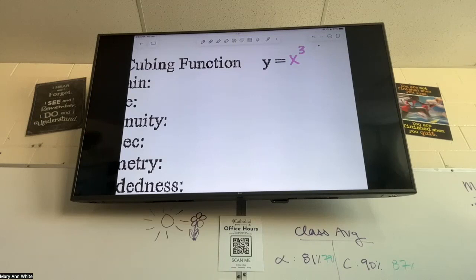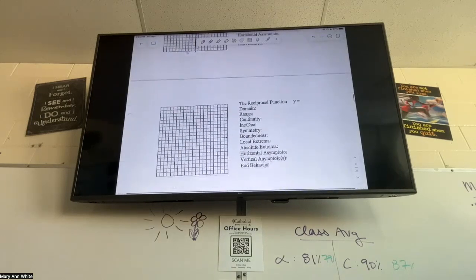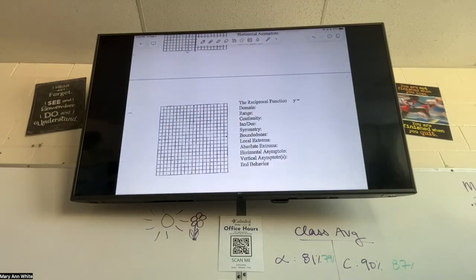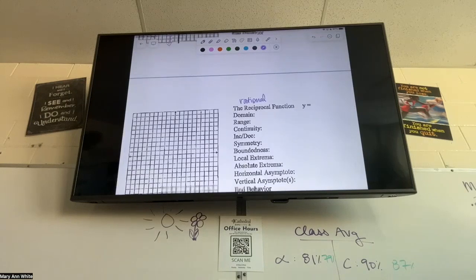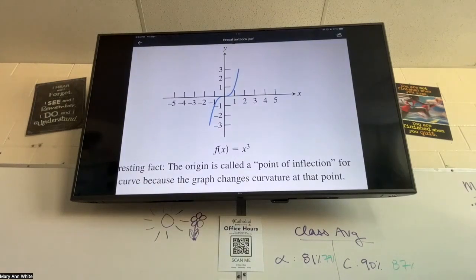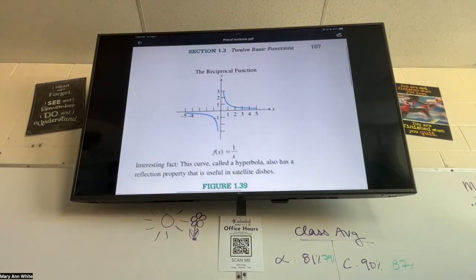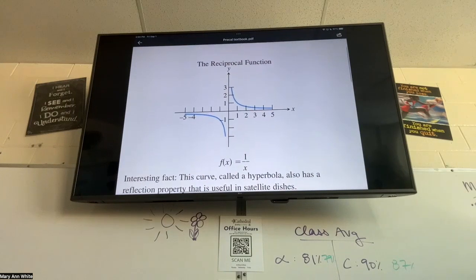Flip your paper over. Let's do the very next one, which is the reciprocal function. We also call this one the rational function. Okay, let's go look at what that is. This is my reciprocal or my rational function, okay? It's basically like a C curve in the first quadrant and in the third quadrant. We're getting closer and closer to the axes, but we never, ever, ever touch them, okay?